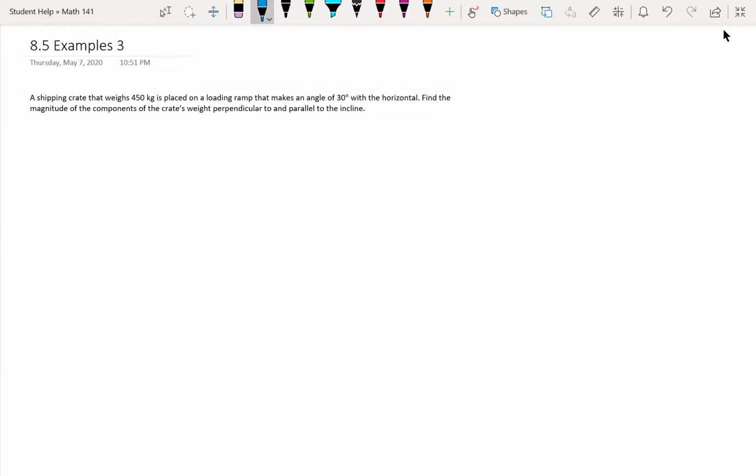So let's draw that to start. I'm going to draw this sort of over-exaggerated just so we can draw a lot of the components together. This is definitely not a 30-degree angle, but I just want to overemphasize so I have room to draw. So I've got this 30-degree incline.